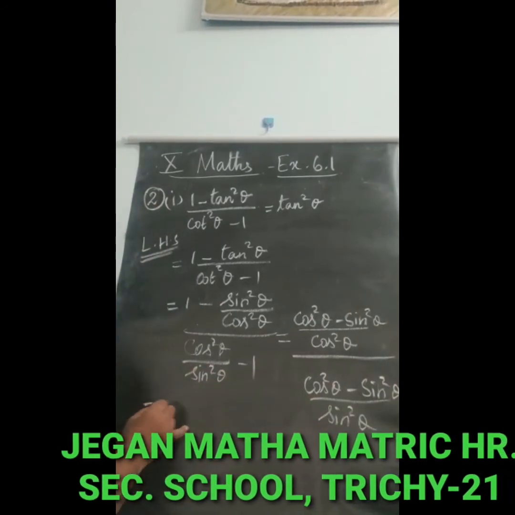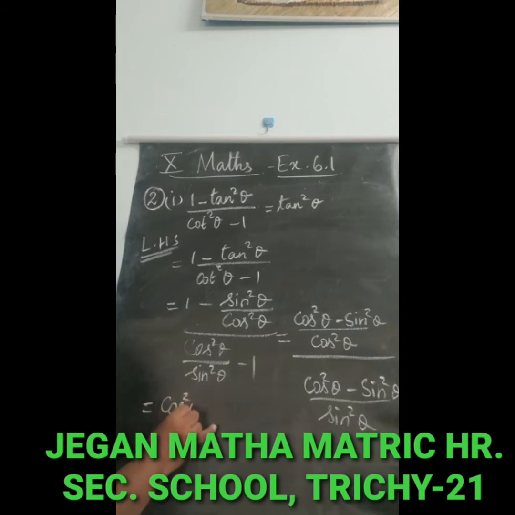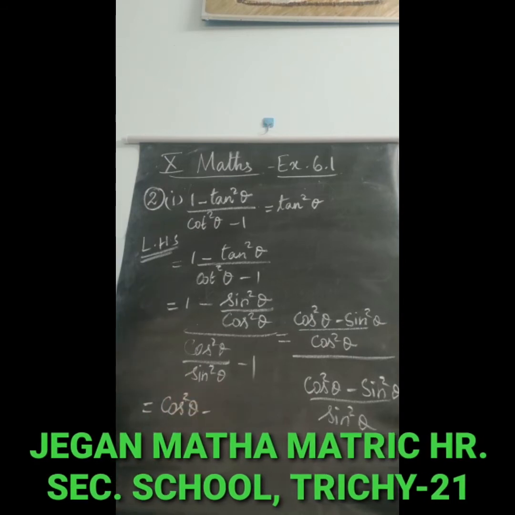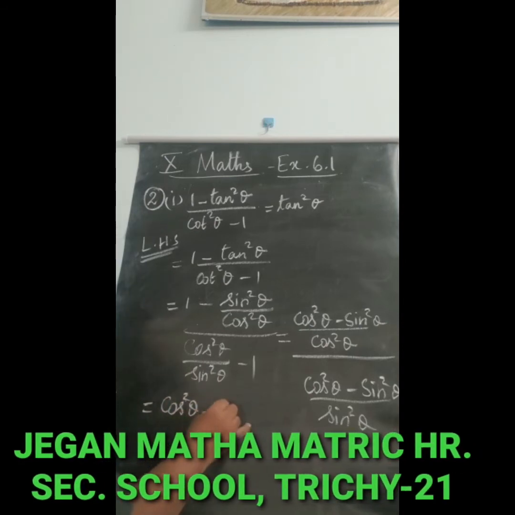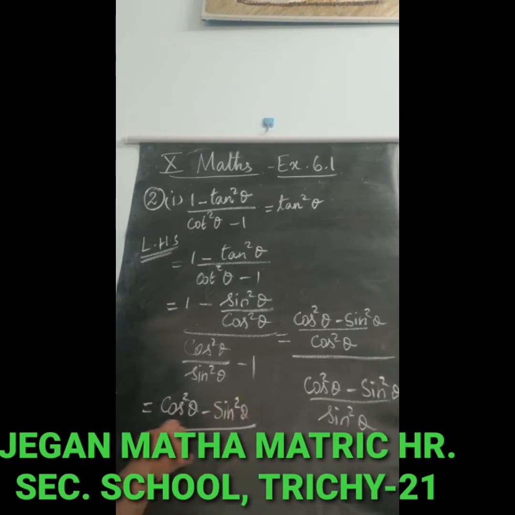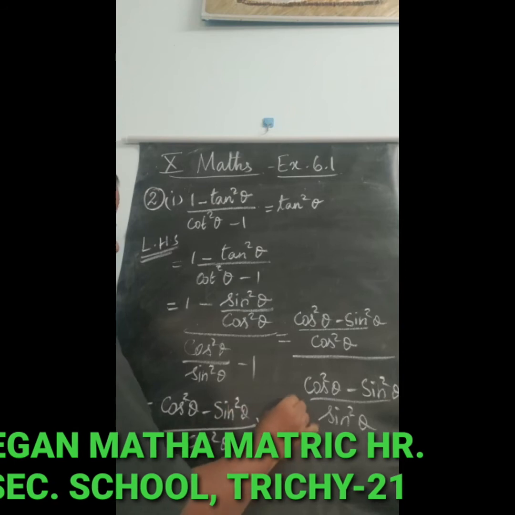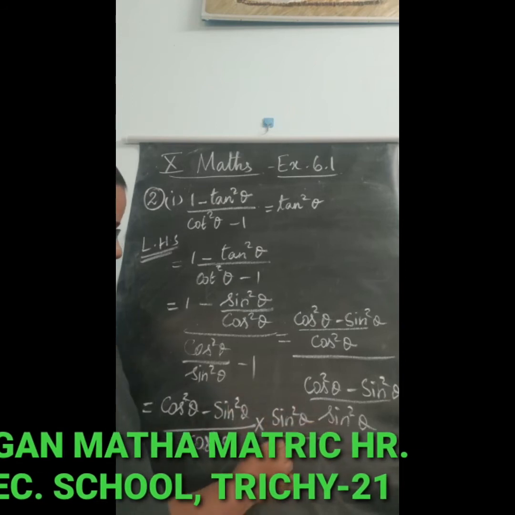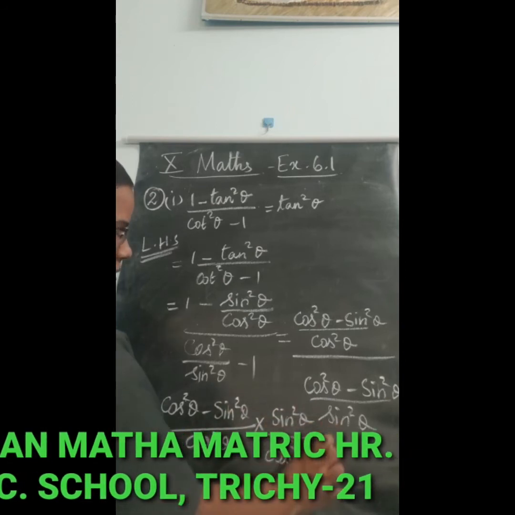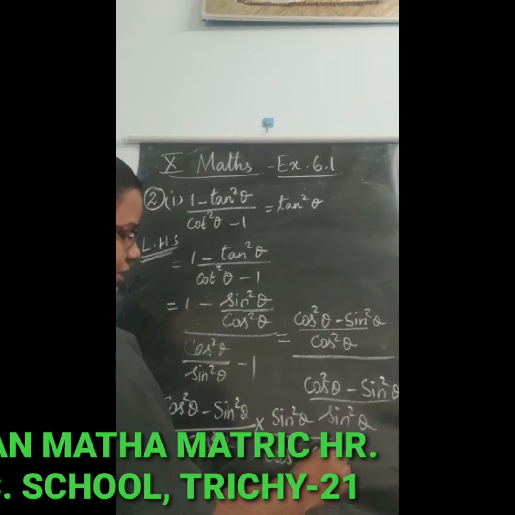So that is equal to cos square theta minus sin square theta divided by cos square theta, into sin square theta divided by cos square theta minus sin square theta.